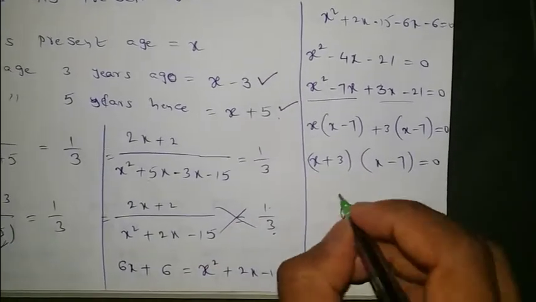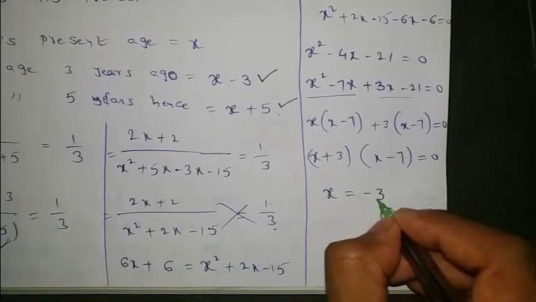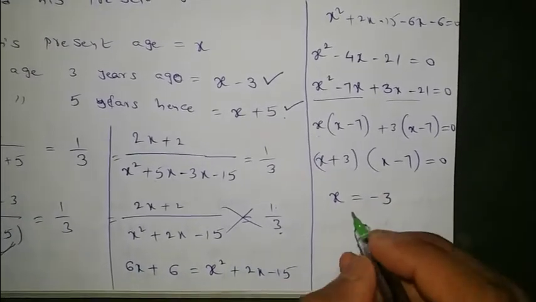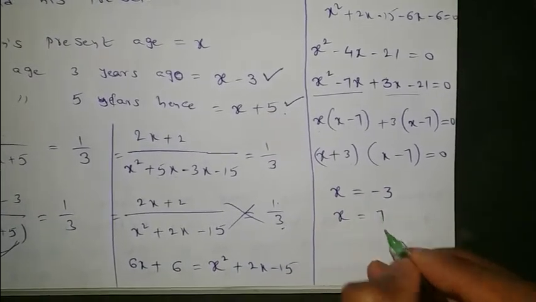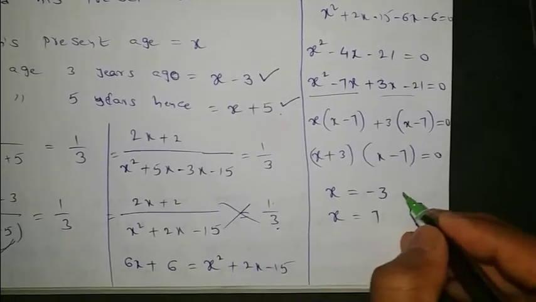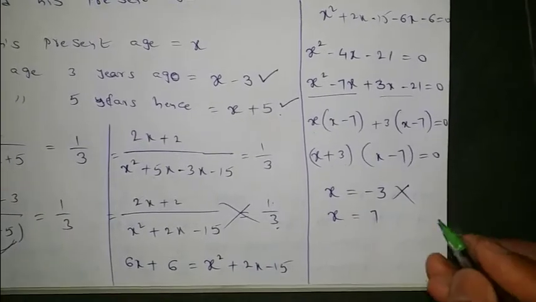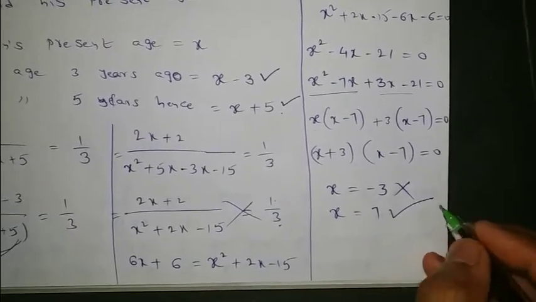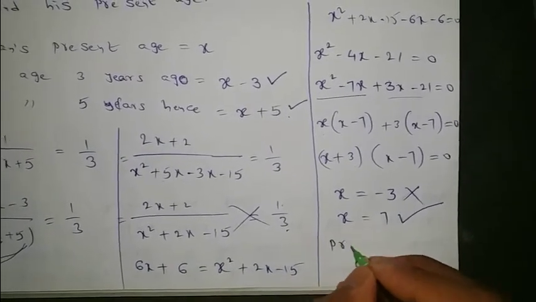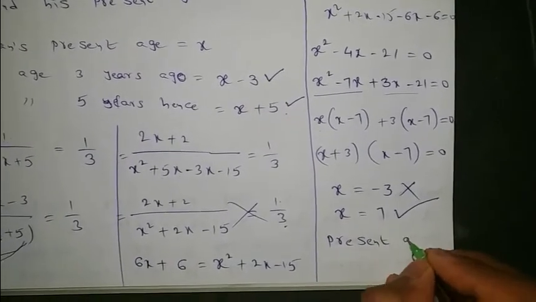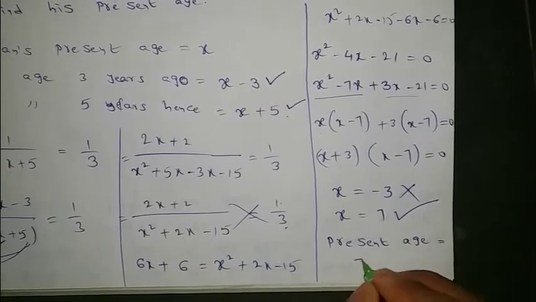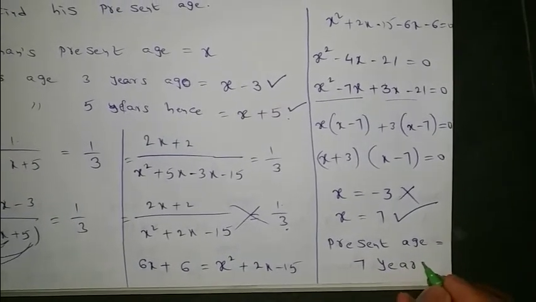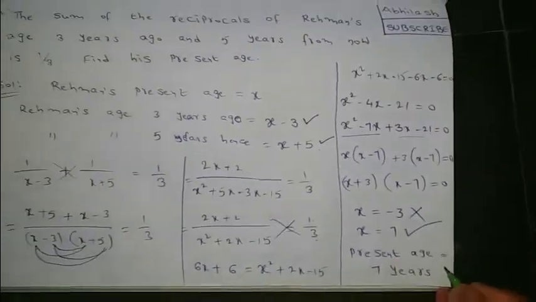Here plus 3 is there, so the x value we get is minus 3. Here minus 7 is there, so we get the x value as plus 7. Age won't be negative, so age is always positive. So the present age of Rahman is 7 years.